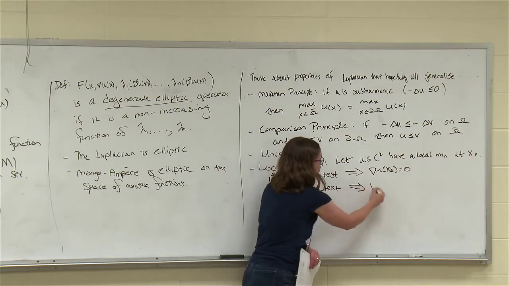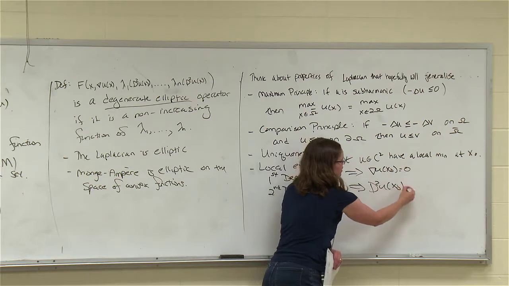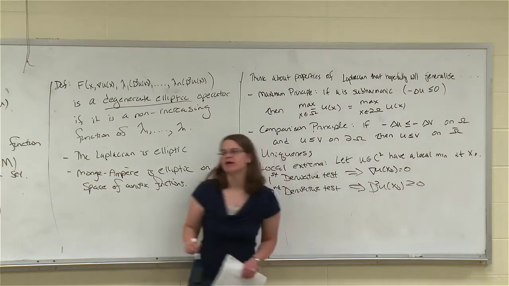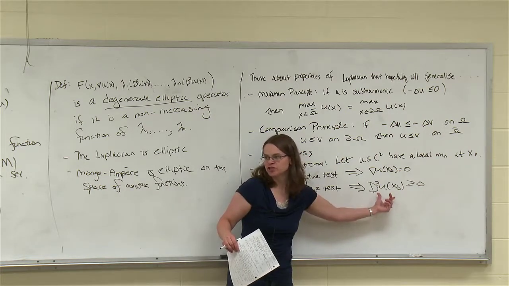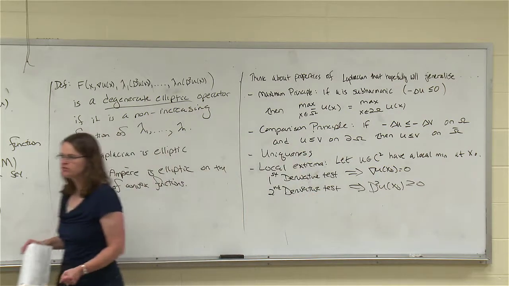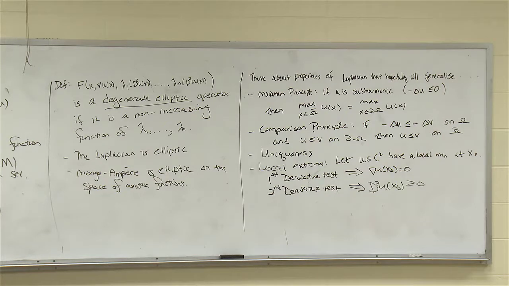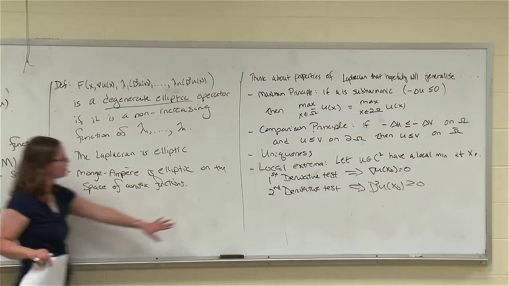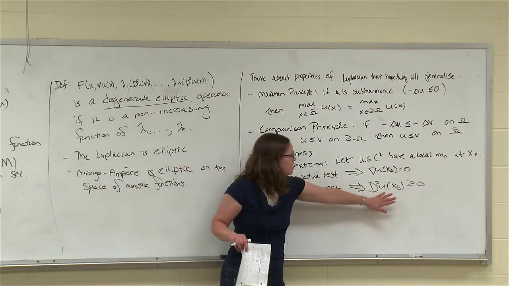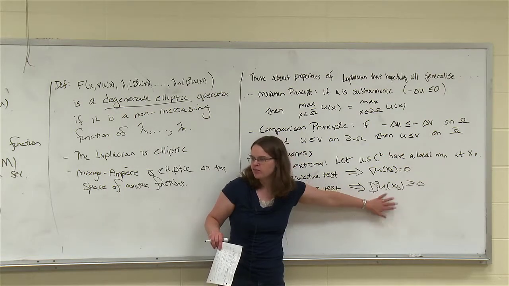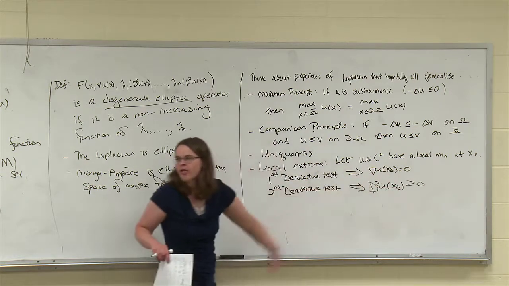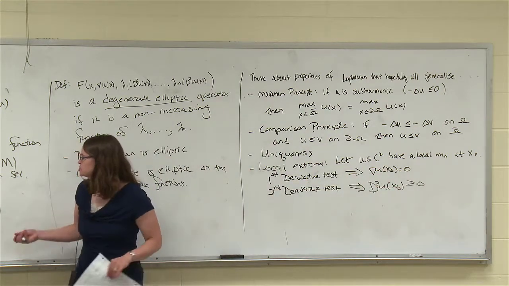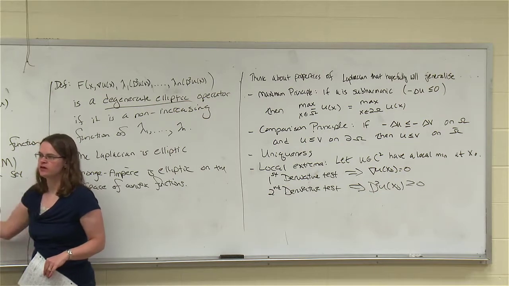And that should tell us something about how the Laplacian behaves, because the Laplacian is directly a function of this Hessian matrix, and in particular of the eigenvalues of the Hessian matrix. I've just written down here that at this point x naught, all of my eigenvalues are greater than or equal to 0. If the eigenvalues are all greater than or equal to 0, then the Laplacian has a definite sign.